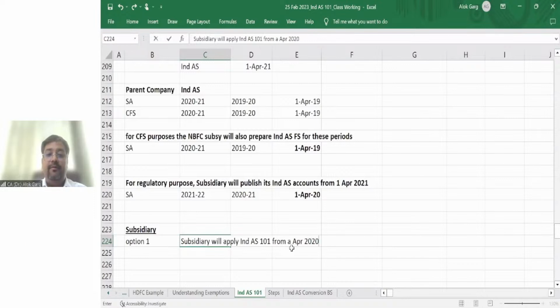That means the subsidiary will apply all the exemptions and exceptions from 1st April 2020, right?